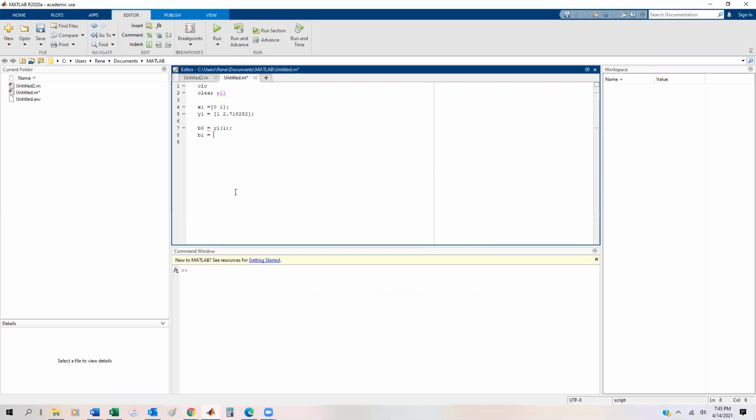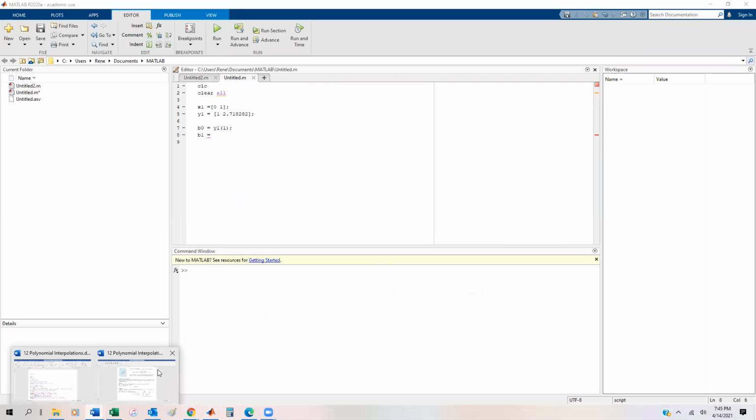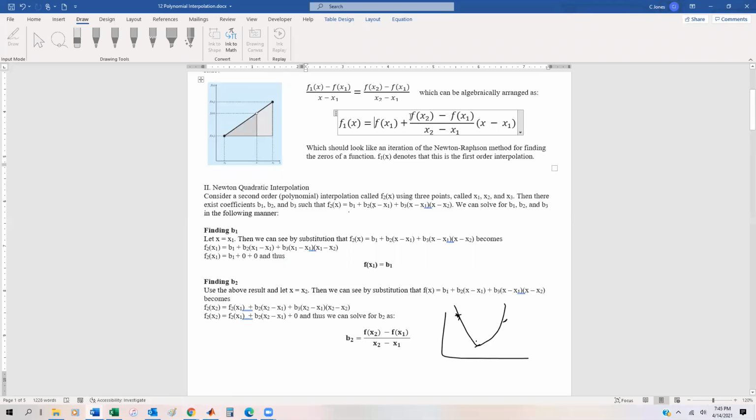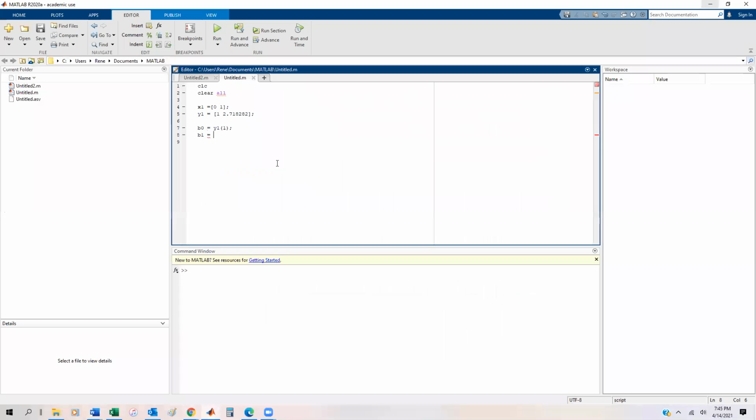Now B1 is going to be equal to the secant. If we go back and take a look, we have Y2 minus Y1 over X2 minus X1, the slope formula. Let's go ahead and program that really quickly for B1.